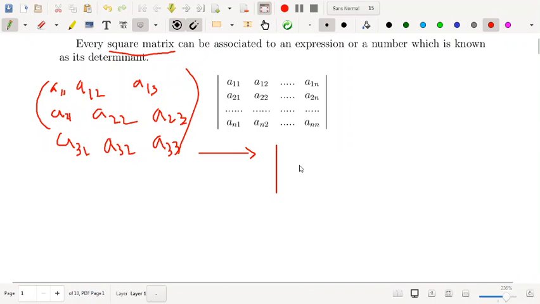Now, what is a determinant? That may be the question. It is a 3 cross 3, so there will be 3 rows and 3 columns. In this case, you have n rows and n columns, so this is an n cross n matrix.